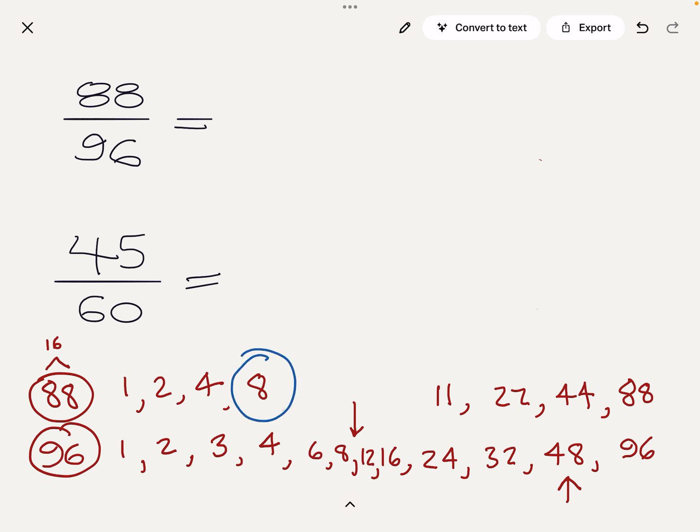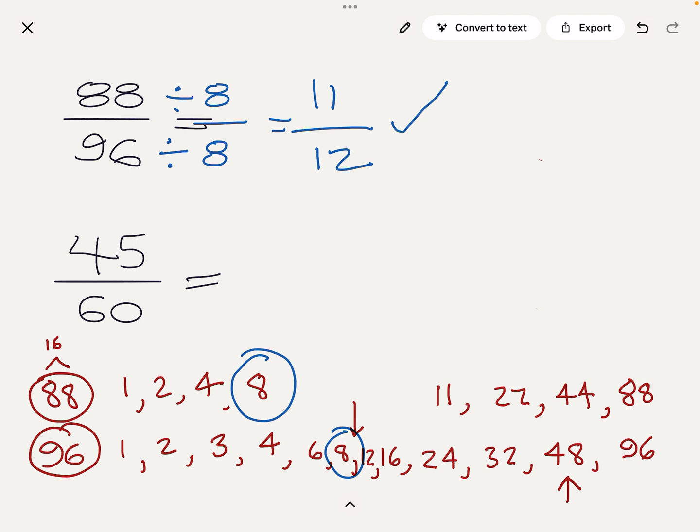So 8 goes into 88 11 times, and 8 goes into 96, we said 12 times. So that is the simplest form of this fraction, and it makes it so much easier to think about and consider. So we did that one.